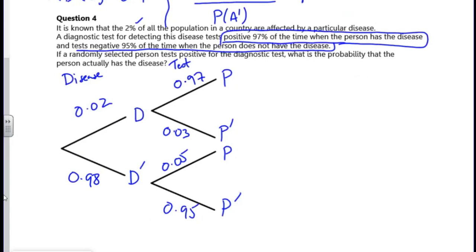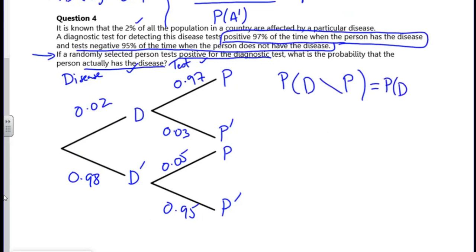Right. Find the probability that the person actually has the disease. Let me start it off. If a randomly selected person tests positive for a diagnostic test, what's the probability that the person actually has the disease? So they've got the disease, given that they tested positive.